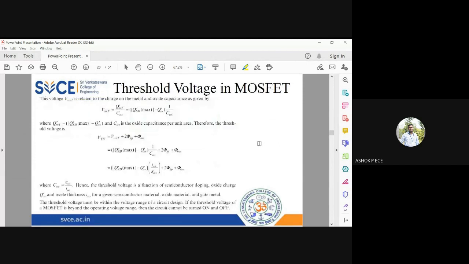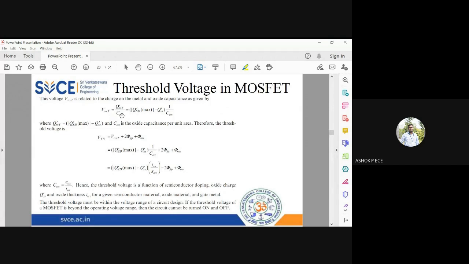Okay, so you can write this in terms of the capacitance. For the oxide layer, we know C is equal to Q by V. So if you take the reciprocal, V is equal to Q by C. V oxide threshold equal to Q dash MT by C ox.